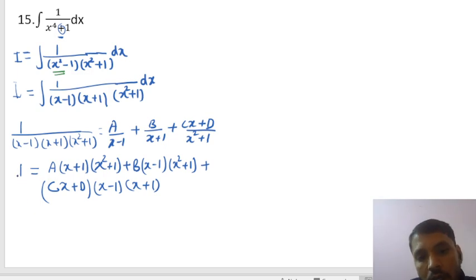This is our equation. Now we have to find the values of a, b, c from this equation. How can we do that?